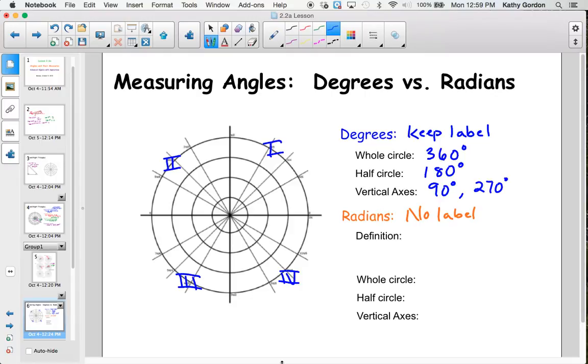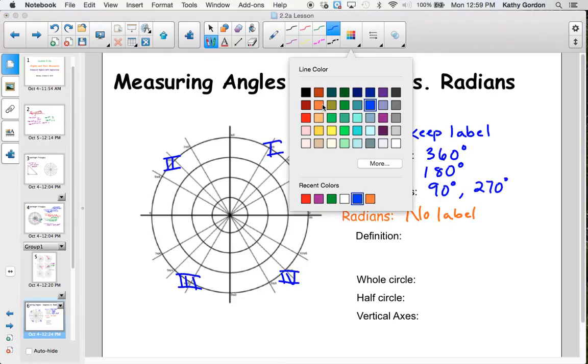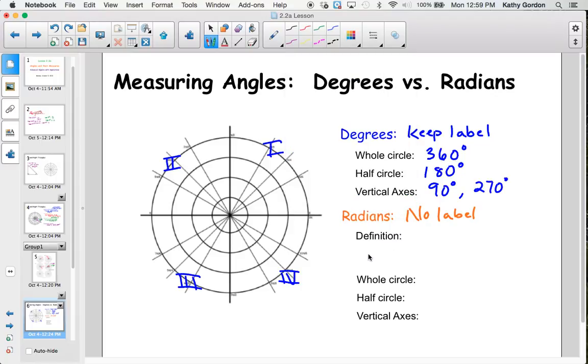Now, when we're talking about radians, the definition of a radian is this.